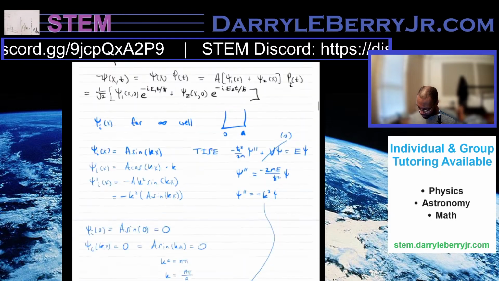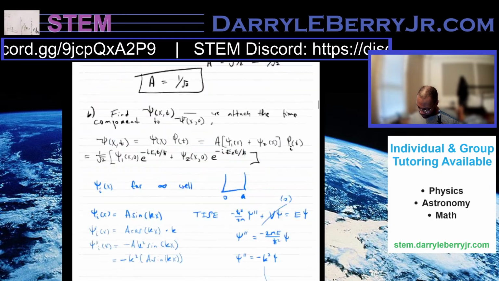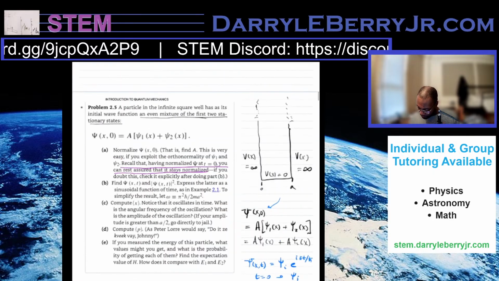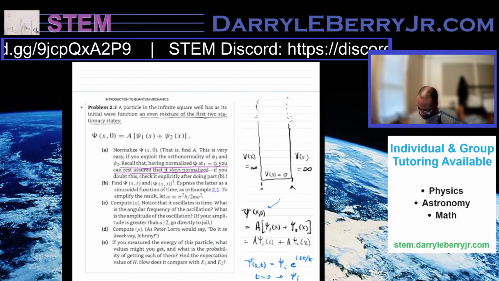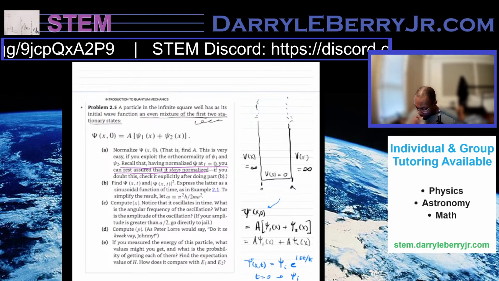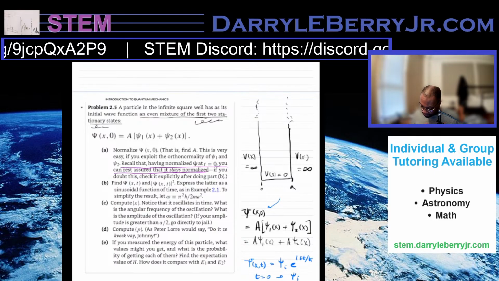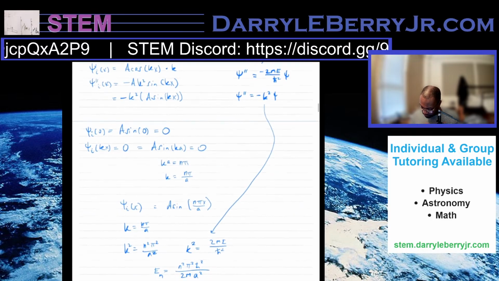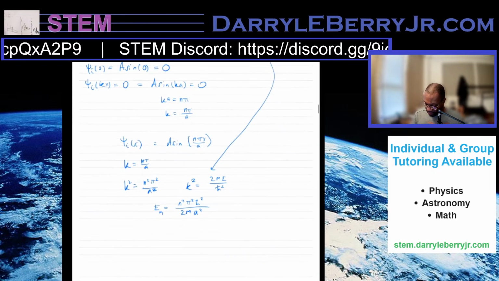So that's why we needed the energy thing as well. So going back here, it tells us in the problem that we have an even mixture of the first two stationary states. So that means that this is going to be E1 and E2.